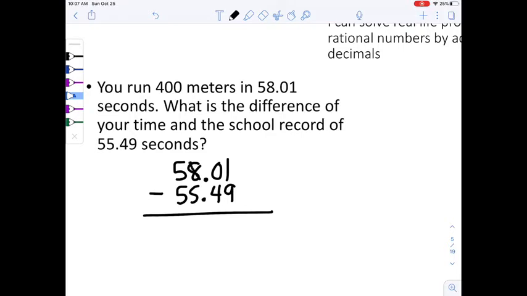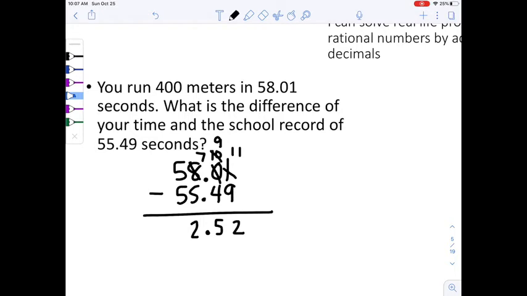Okay, now I'm going to subtract. 1 minus 9 I can't do. I can't borrow from the 0, so I have to borrow from this 8. It turns into a 7. The 0 turns into, really what's happening is we're changing that to a 10, and then we have to borrow from that 10 to get to our ones place, so we have 9, and this becomes 11 because I add 10 onto that. 11 minus 9 is 2. 9 minus 4 is 5.